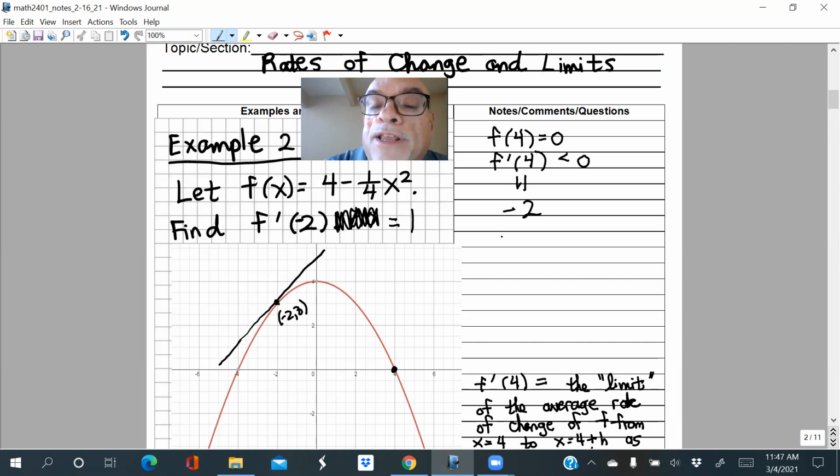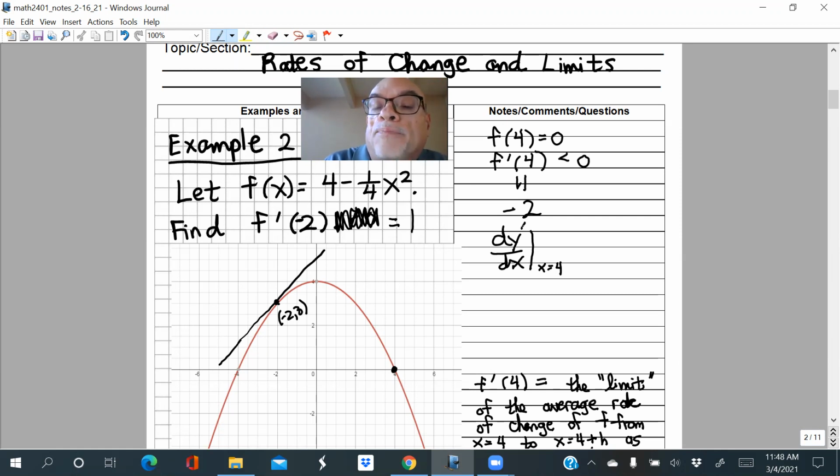By the way, another way of denoting this, the old-fashioned way, not using the prime notation, you would write dy over dx. It's kind of clumsy, that's why I say old-fashioned. That also means instantaneous rate of change. Then you put a vertical bar, and as a subscript on that vertical bar, you write the x value where you're computing the instantaneous rate of change, which happens to be 4.